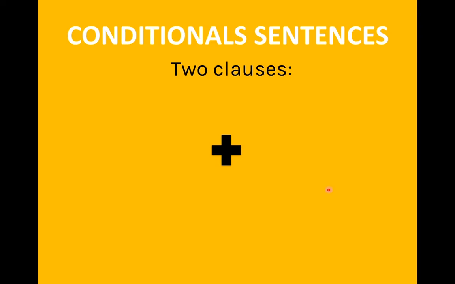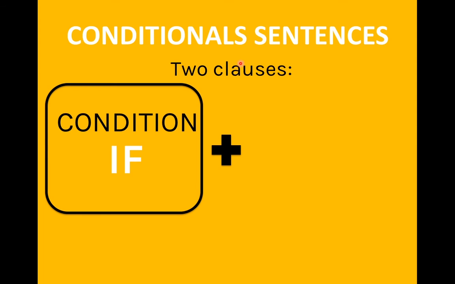What are conditional sentences made of? What are the components of conditional sentences? Conditional sentences are made of two clauses. The first clause of a conditional sentence is the condition. What is the condition? The condition is the clause that starts with the word if.